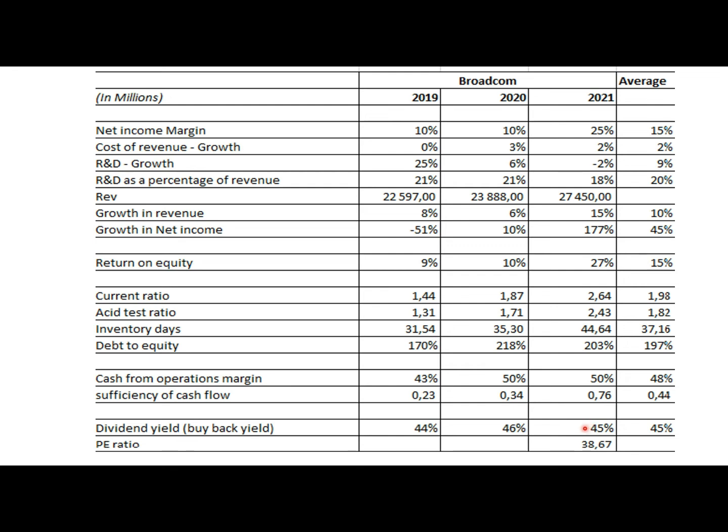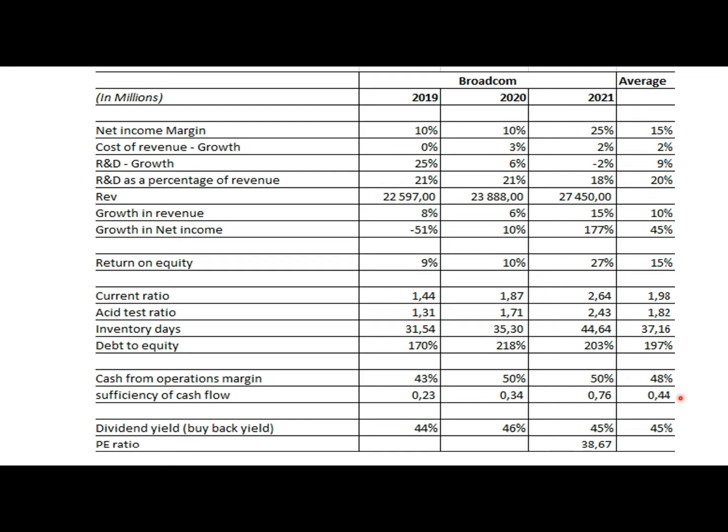In this case, they are paying a decent rate, but if you don't have enough cash, it's a bit of a worry considering how you are going to respond to competition. High debt levels do make me nervous.